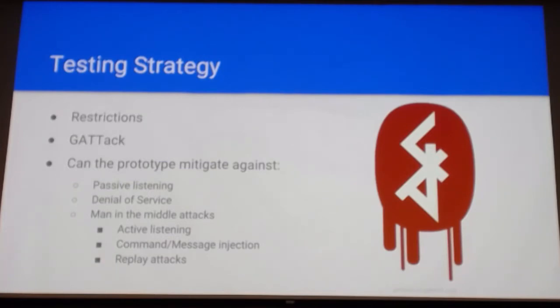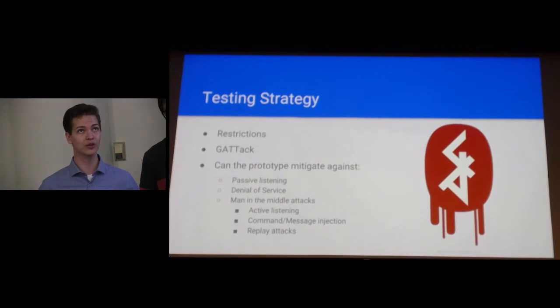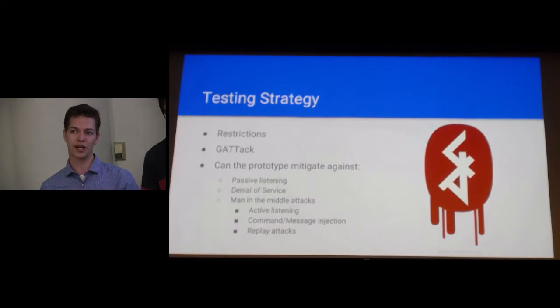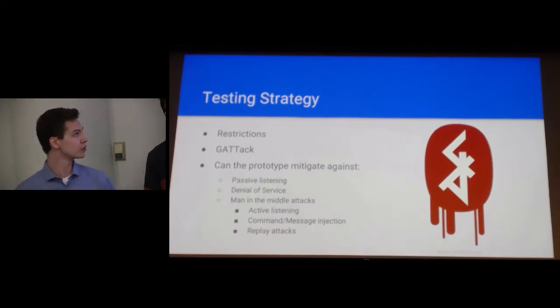Okay, so getting into it, we're going to be using a tool called Gattacker, which is a Node library that we're going to be running through Linux, and we're going to be testing 5 main attacks. 2 of those attacks don't require a man-in-the-middle connection, and 3 of them do. The 2 that don't are passive listening and denial of service.